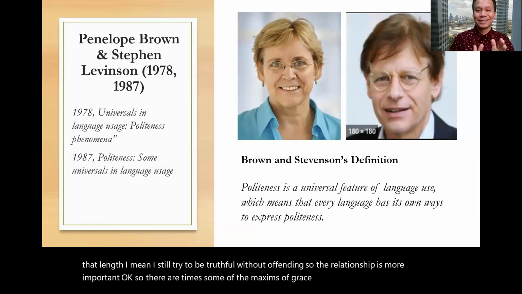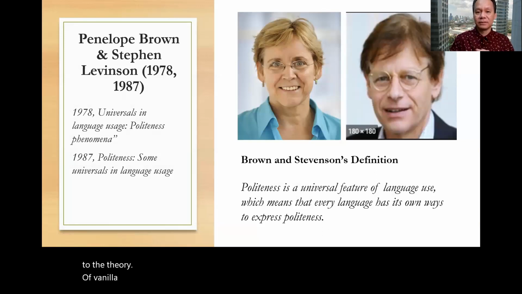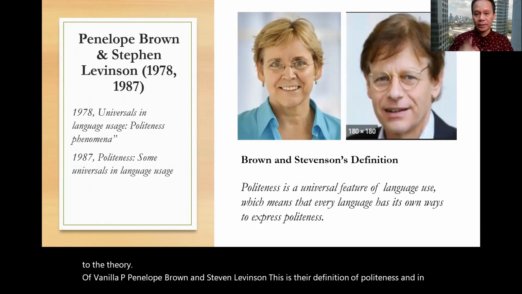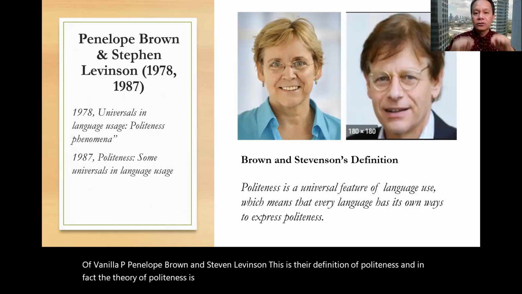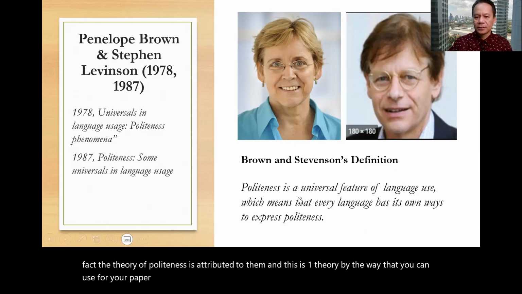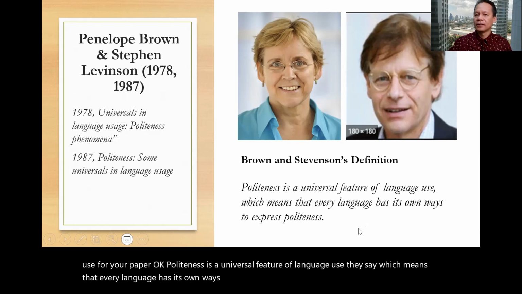Now that leads us to the theory of Penelope Brown and Stephen Levinson. This is their definition of politeness. And in fact, the theory of politeness is attributed to them. And this is one theory, by the way, that you can use for your paper. Politeness is a universal feature of language use, they say, which means that every language has its own ways to express politeness.